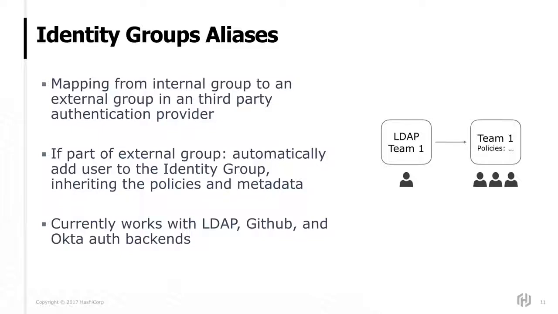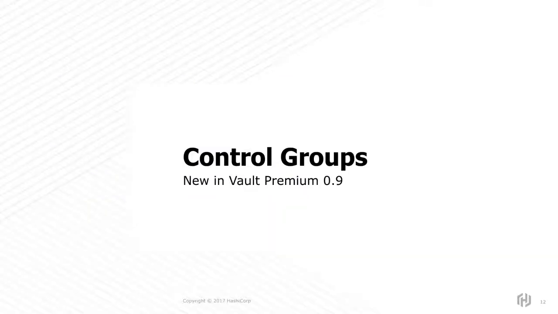And so it's a way to import your group membership from external services. And so Vault will automatically add this user to the identity group, and they will automatically inherit all the policies and metadata of that group. So currently, this is able to be done with the LDAP backend through using LDAP groups, the GitHub backend using GitHub Teams, and the Okta auth backend.